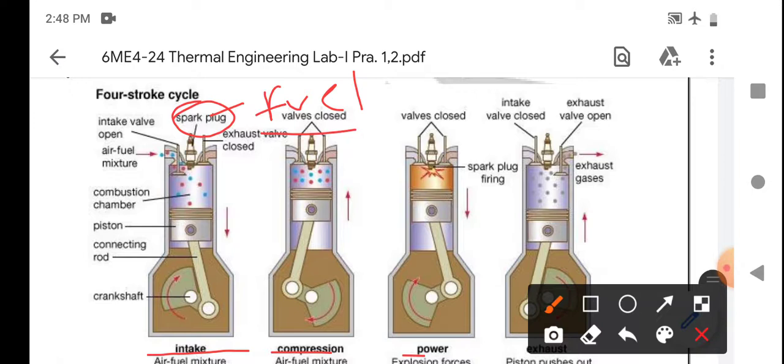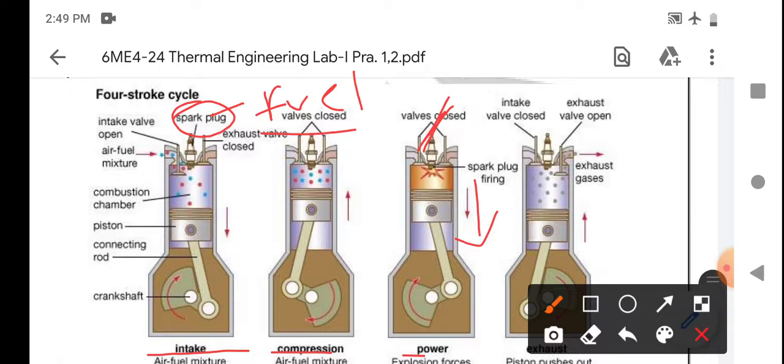In the power stroke or ignition stroke, the fuel injector sprays small droplets of diesel into the cylinder chamber. Due to the high temperature and high pressure of the present gases, the diesel spray burns, and an explosion is formed which forces the piston to move in the downward direction.